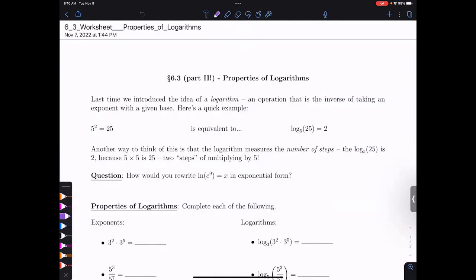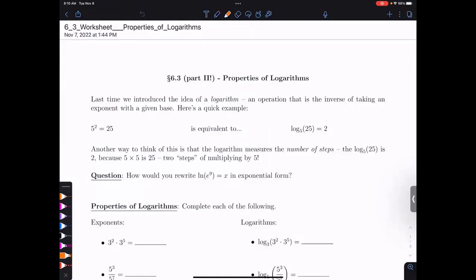And that all relies on using some properties of exponents that we already know, like how you simplify powers on the same base when you're multiplying or dividing or raising a power to another power.